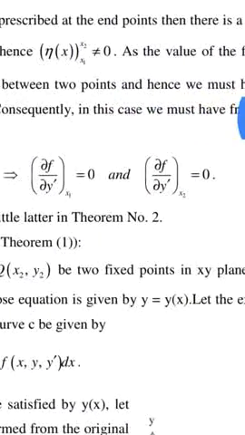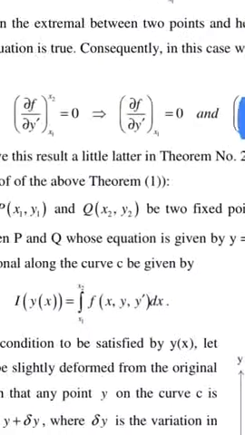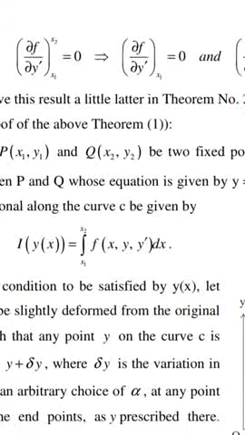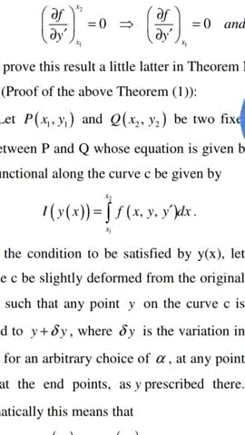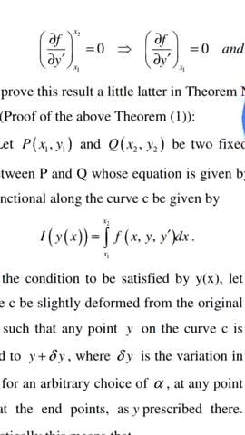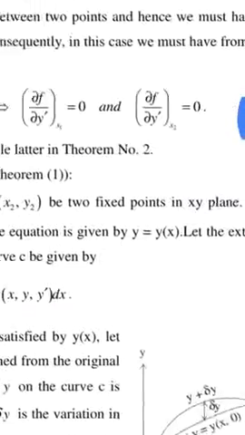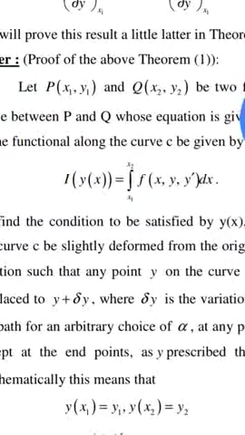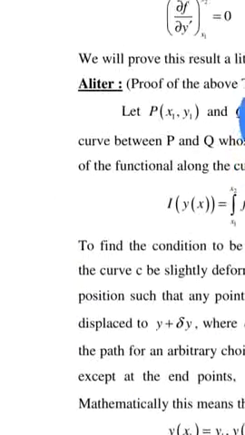Consequently, in this case, we must have ∂f/∂y' from x1 to x2 equal to 0, which implies that ∂f/∂y' at x1 is equal to 0 and ∂f/∂y' at x2 is equal to 0.